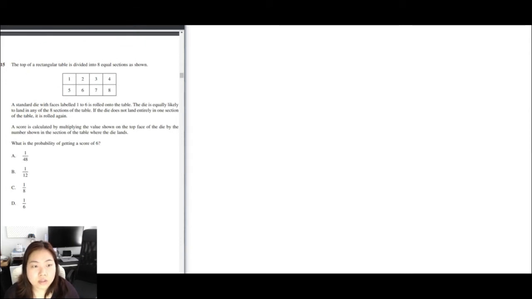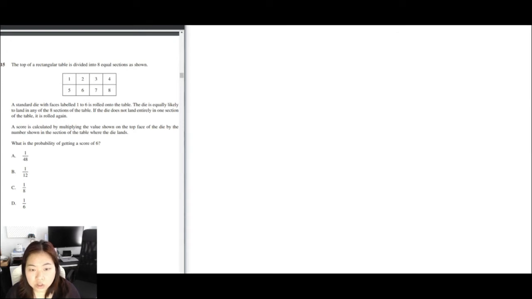15. The top of a rectangular table is divided into 8 equal sections as shown. A standard die with faces labeled 1 to 6 is rolled onto the table. The die is equally likely to land in any of the 8 sections of the table.